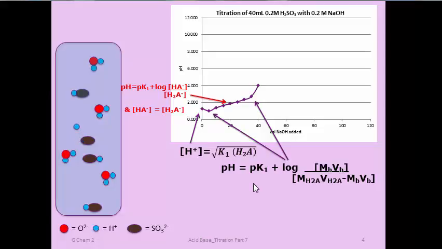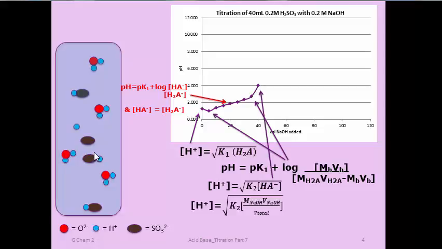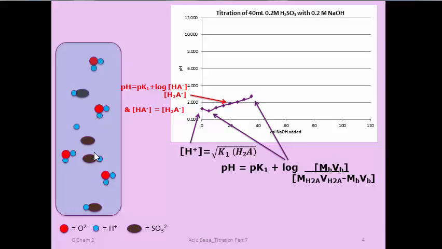So at this point the pH is determined by that species, and I'm going to just back that up a little bit. The pH is determined at this point, when you're at the equivalence point, by this, HA minus. In this case, this is the hydrogen sulfite anion, right?